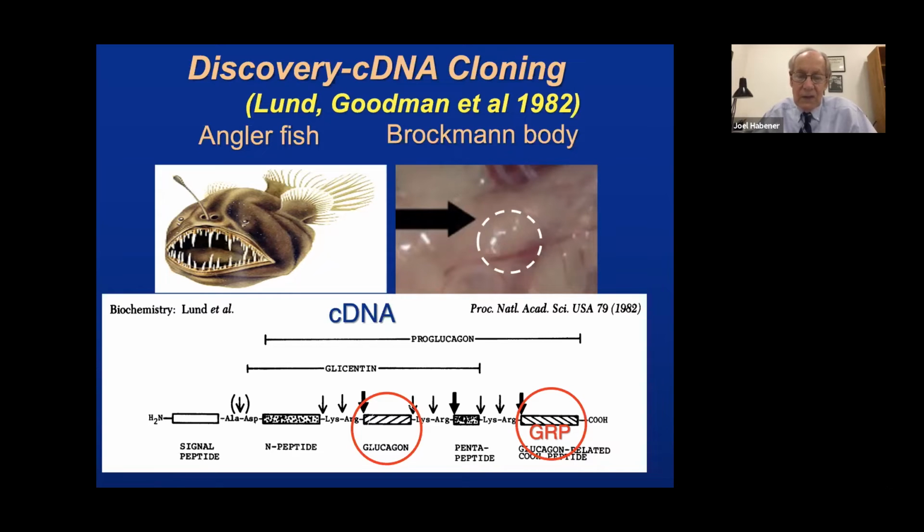So the result of our first studies was successful in that we found a copy of the RNA in the cDNA, and it showed that it did indeed encode for a pro-glucagon, a large protein that contained the sequence of glucagon, which is clearly glucagon and very close in homology to mammalian glucagon, the sequence of which is known.